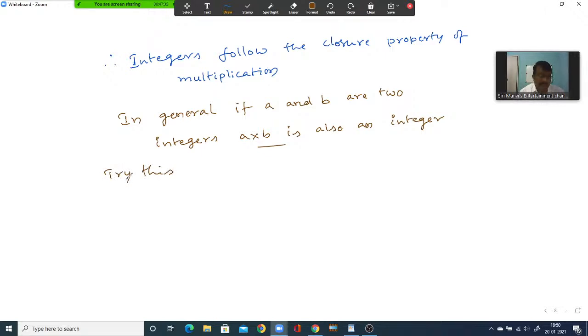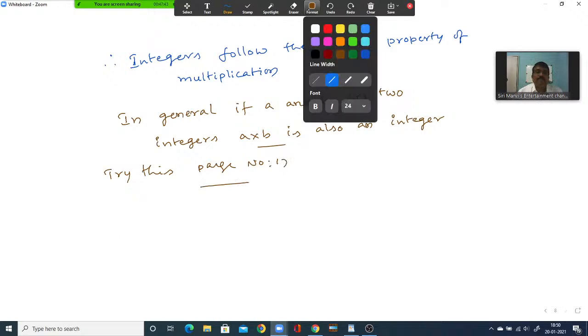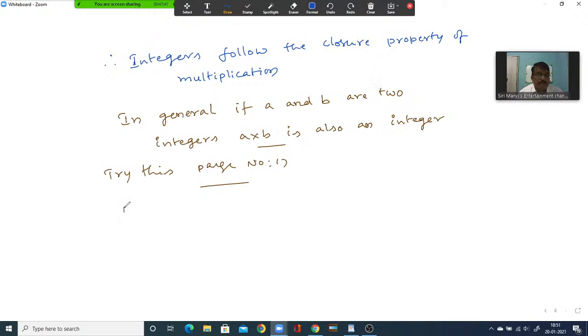Okay. Now I am going to try this, page number 17. So multiply the following.